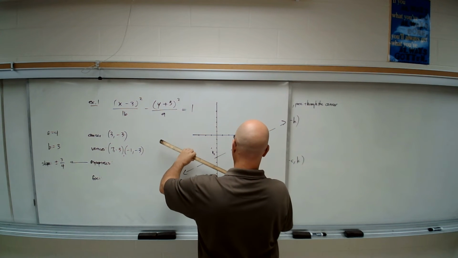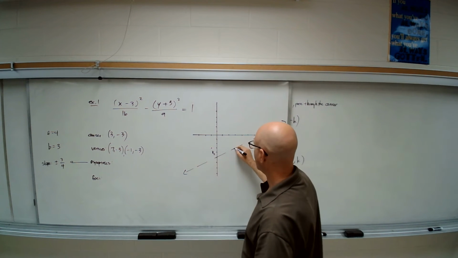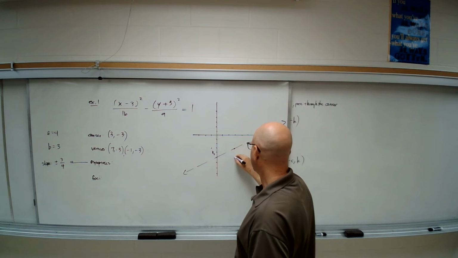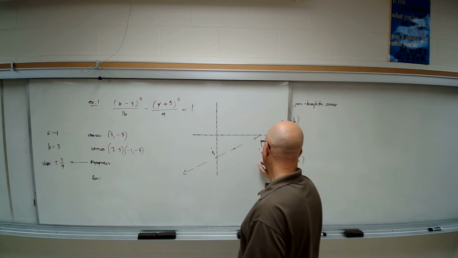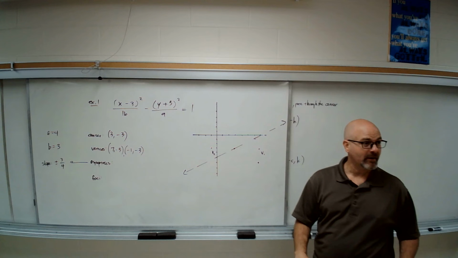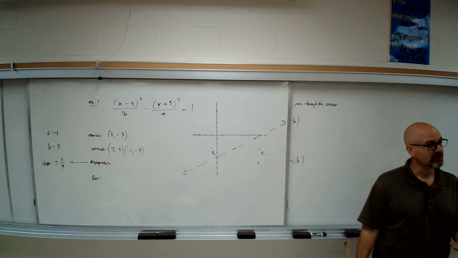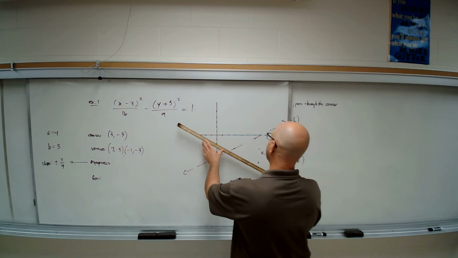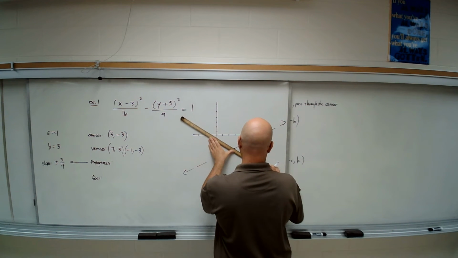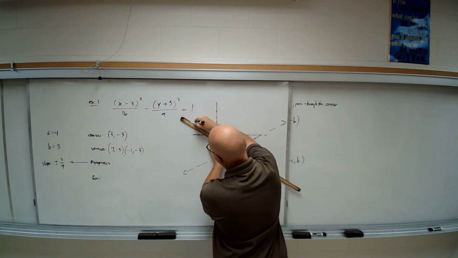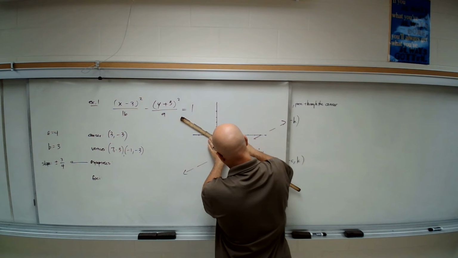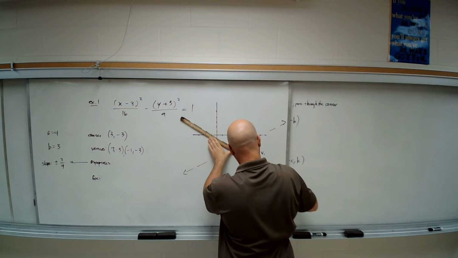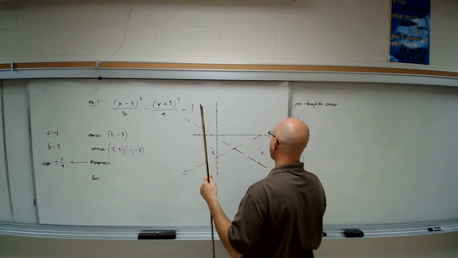And then, so from here, then we'll go down 3 over 4. Again, I'm just going from the center and I'm using the 2 slopes. So we had 3/4 and then negative 3/4. So there's the other asymptote.